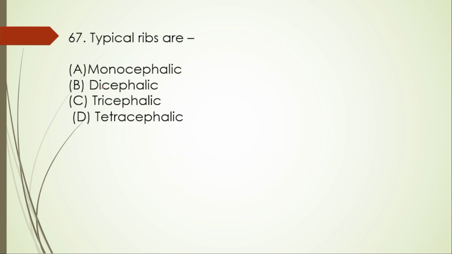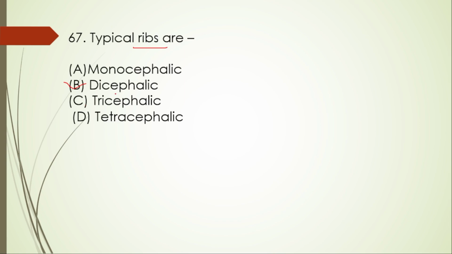Next, 67th question. Typical ribs are A. Monocephalic, B. Dicephalic, C. Tricephalic, and D. Tetracephalic. Typical ribs are dicephalic. Why?